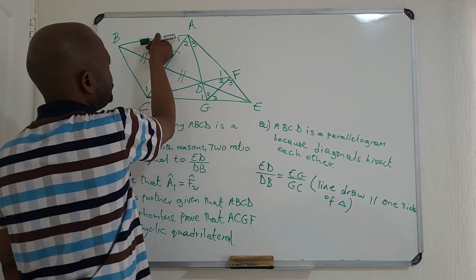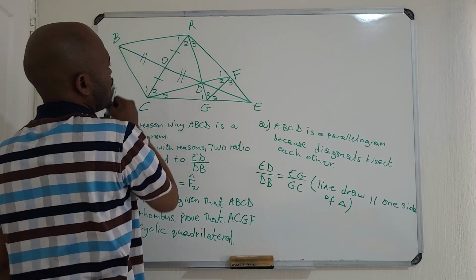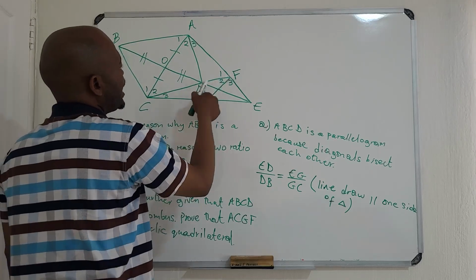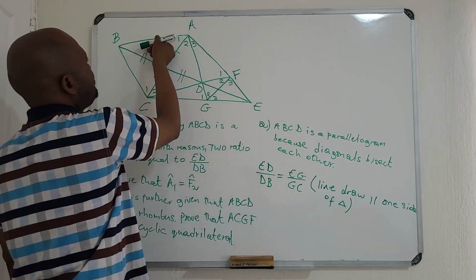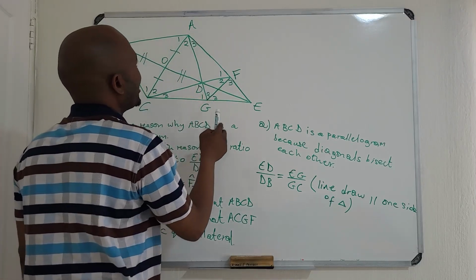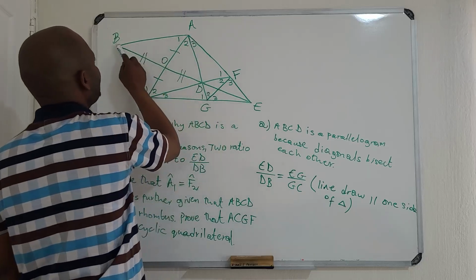Therefore DF is parallel to AB in triangle EAB.